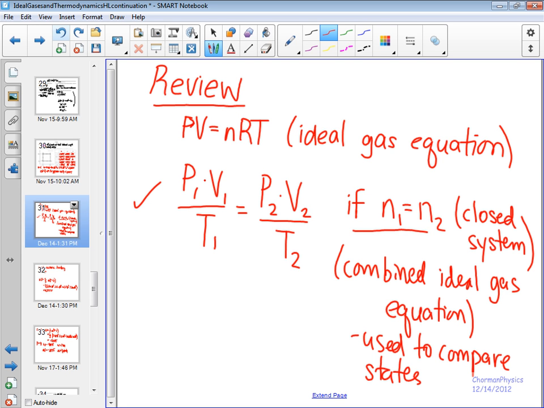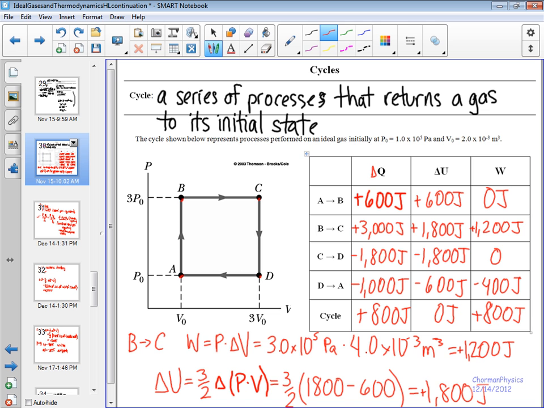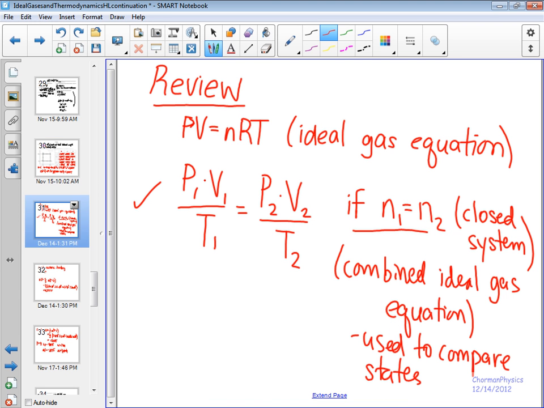And if we say n1 and n2 are equal to each other, if we have a closed system, we have this combined ideal gas equation, which we can use to compare the various states of the gas as it goes through a cycle like this one, as we're going between all these different stages, okay? So this is a very useful equation right here, all right?